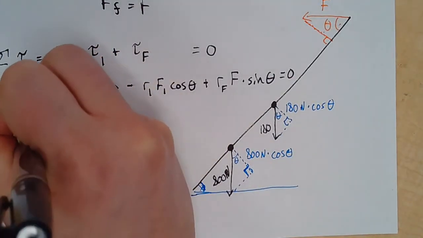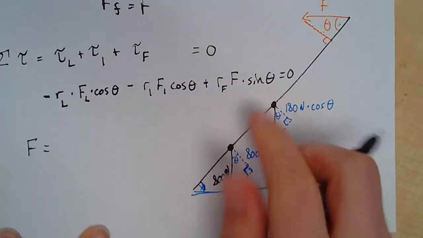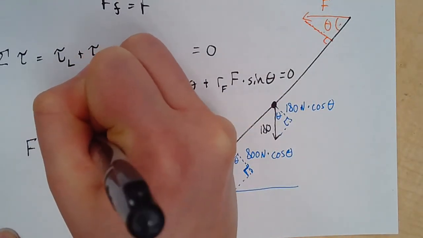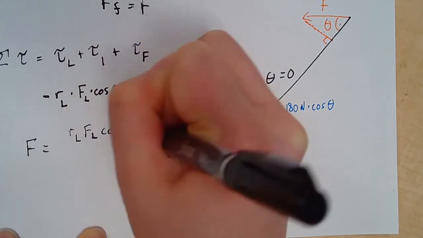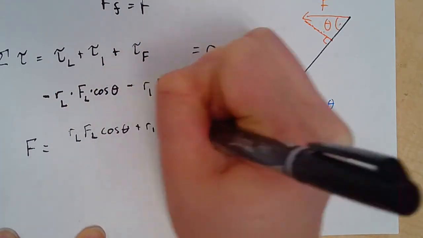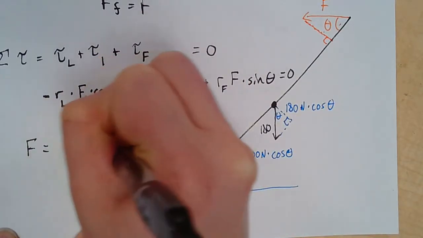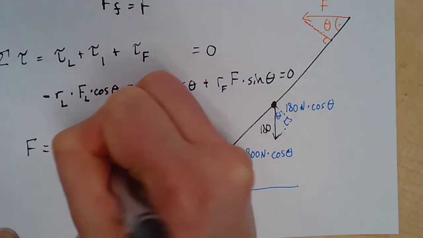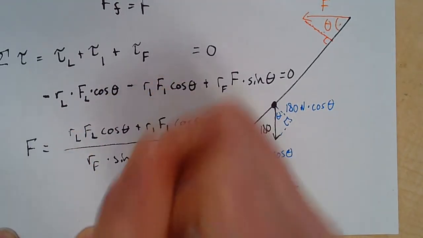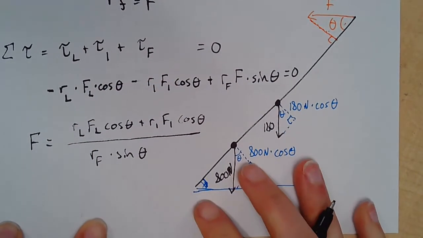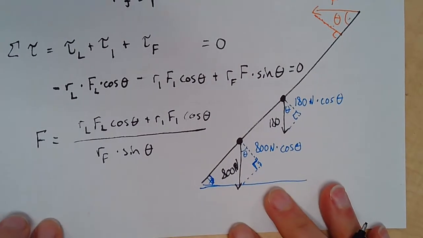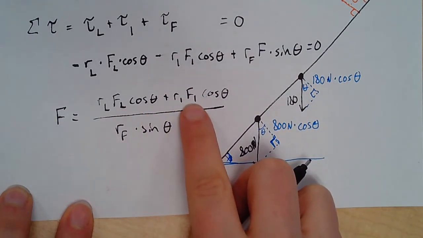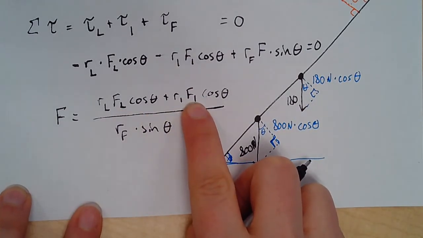Okay, so solving for the force, because all of this equals 0, these two just go to the other side. And then we're going to divide by the radius of the force times sine of theta. Now, I haven't been using numbers too awfully a lot in here, but we have the weight of Lancelot, we have the weight of the ladder.